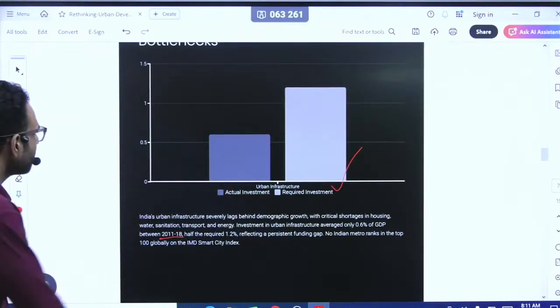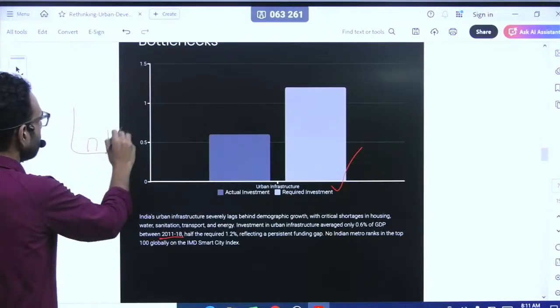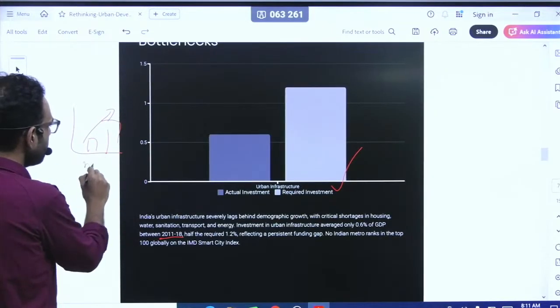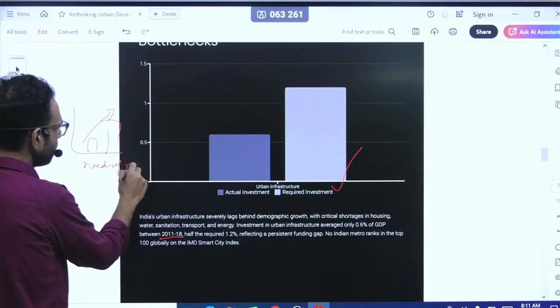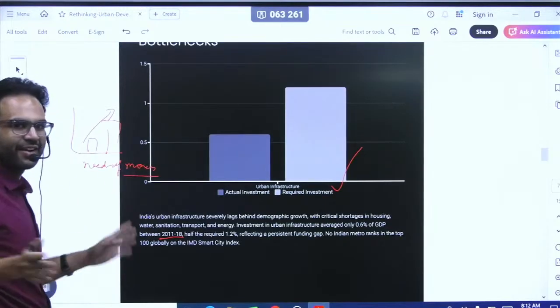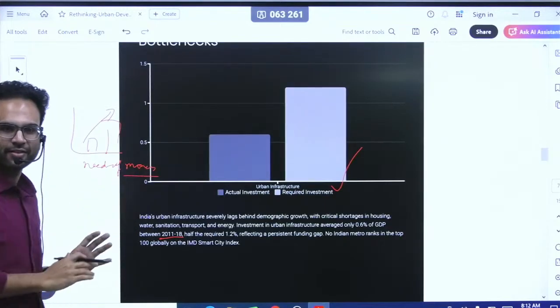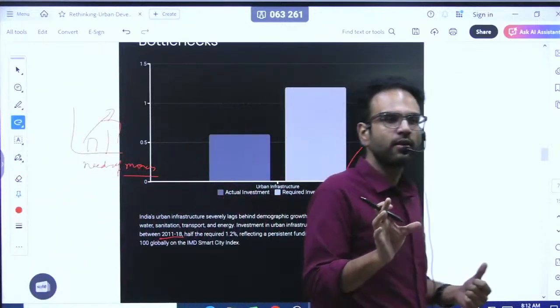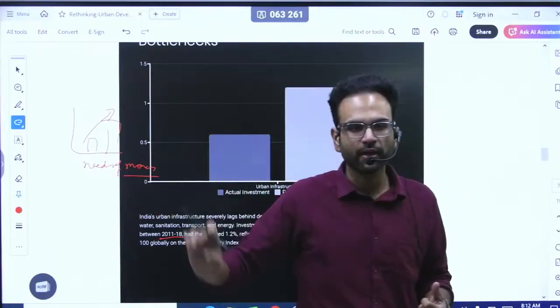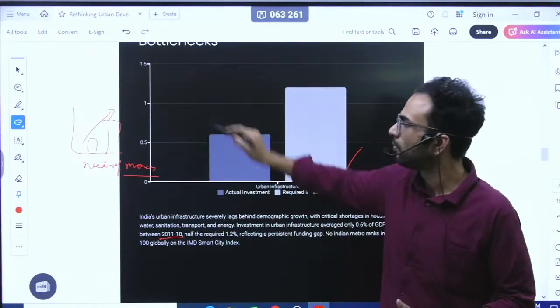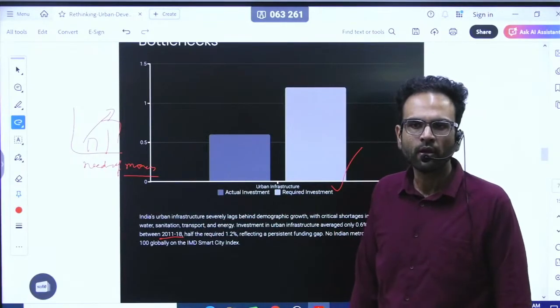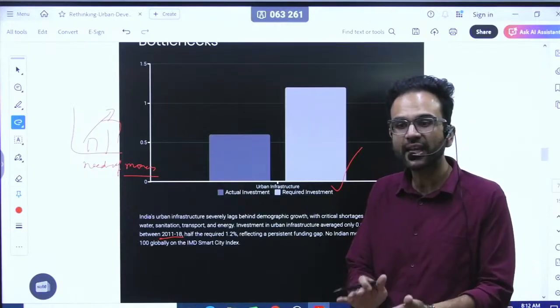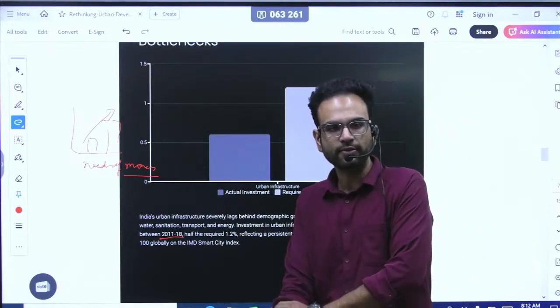All it takes is a simple graph. Don't write need of money or use sophisticated language. Write urbanization, financial resources needed for urbanization. Represent it like that. So, I'm also emphasizing on how you present your answers. Clear?